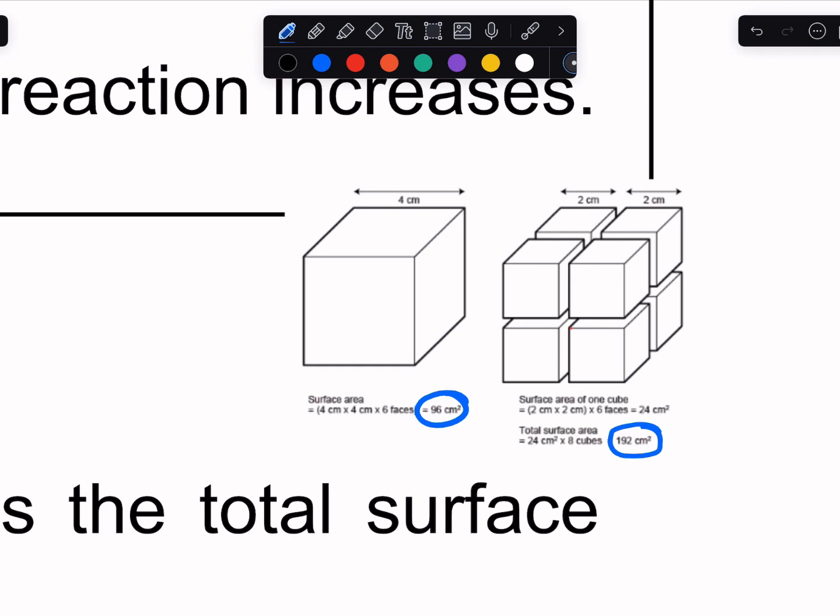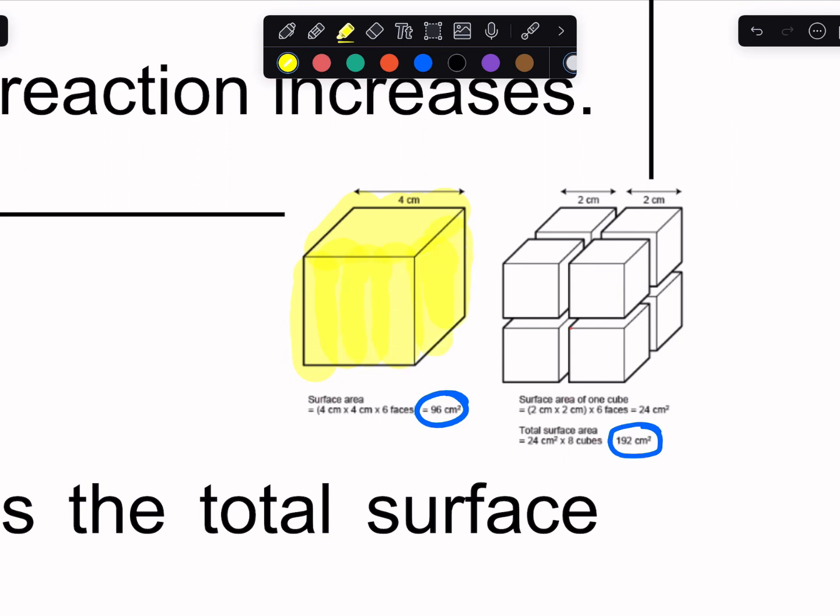And how is that significant? Now, when there's a reaction, we know that a collision between particles must take place. Where can the collision occur in a solid? The collision can only take place on the surface, okay, on the surface of the solid.